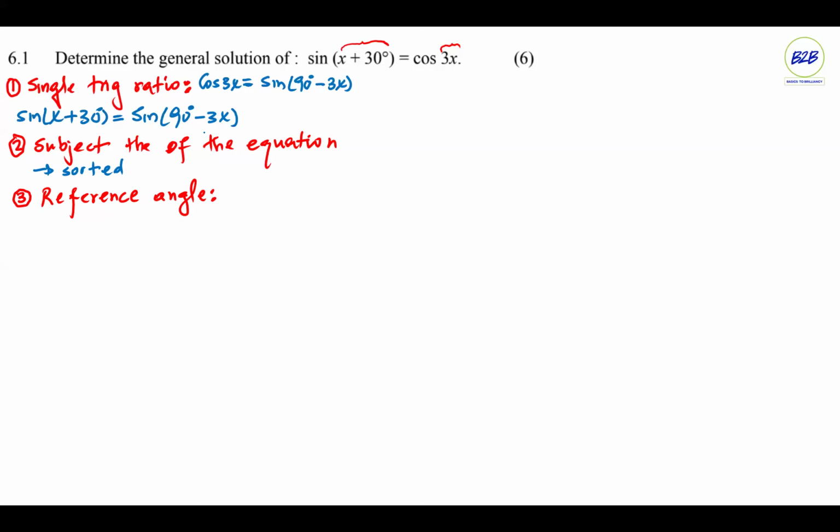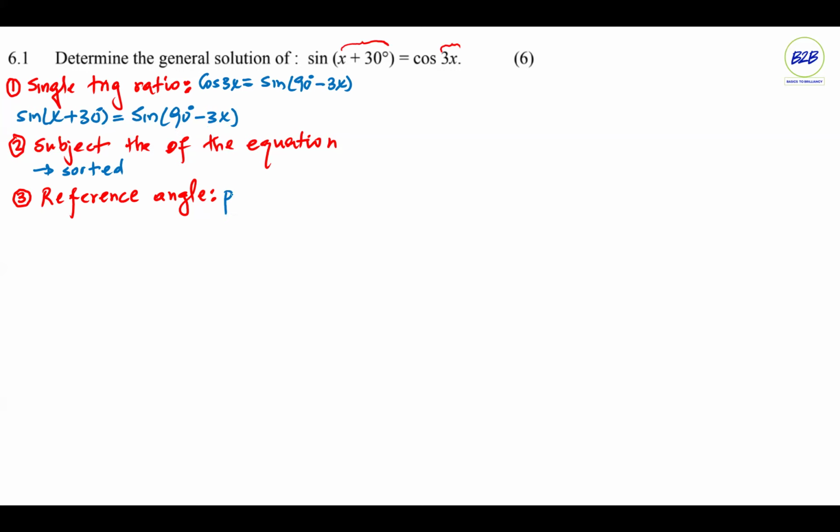So when it comes to determining the reference angle, you basically pick any of these two, either x plus 30 degrees or 90 degrees minus 3x, and you make it a reference angle.